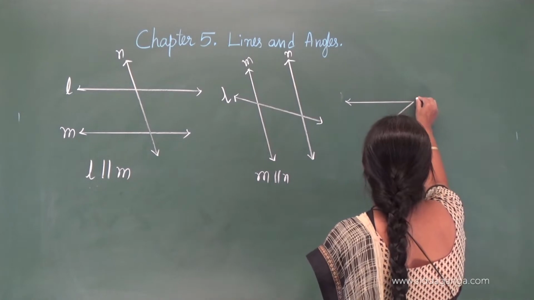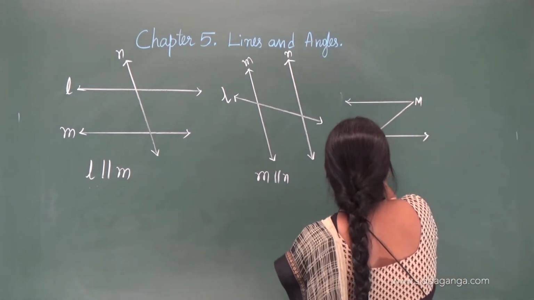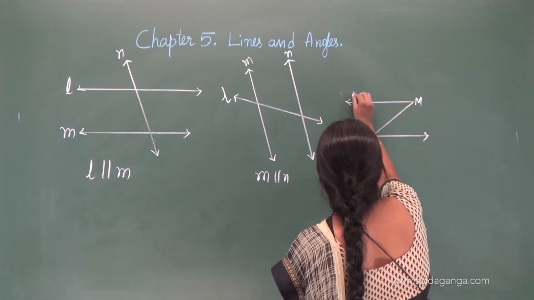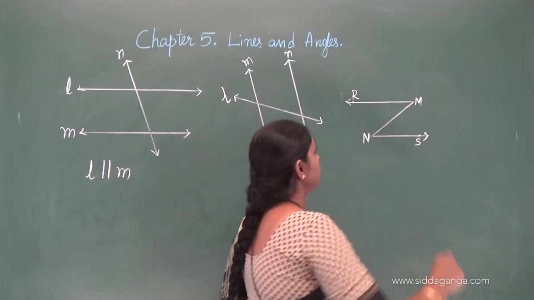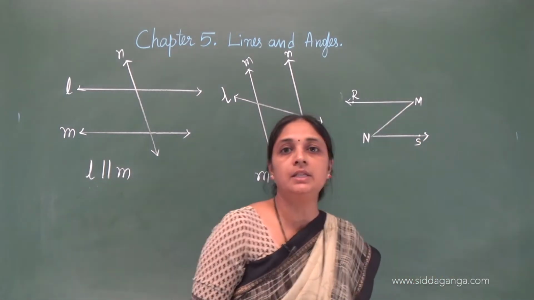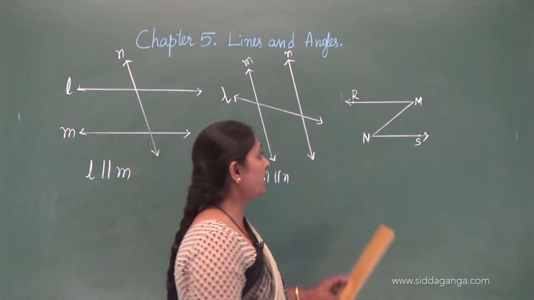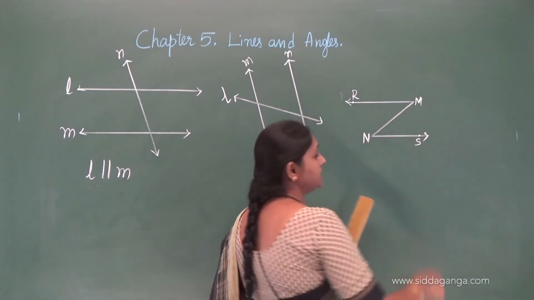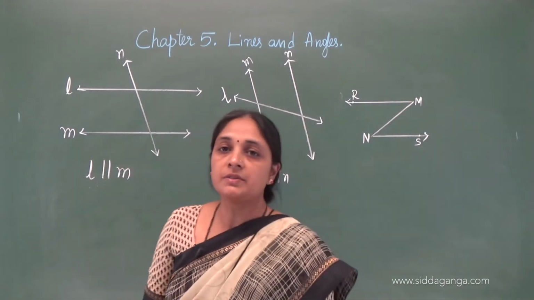Then if I write M, N, consider these points as R, S. Here RM and NS are parallel lines, and MN is considered as the transversal. What is a transversal?